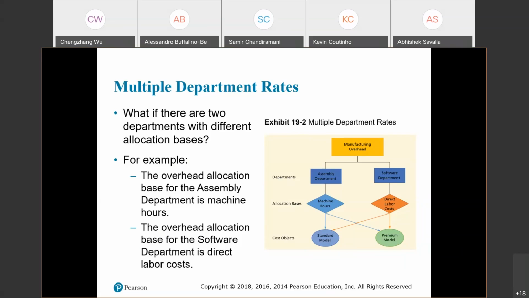This method is more complex, but it may be more accurate than the previous one that we introduced. The allocation process is the same, except now the manufacturing overhead is accumulated in multiple cost pools and allocated using more than one allocation base. These slides illustrate multiple department rates for manufacturing overhead costs.